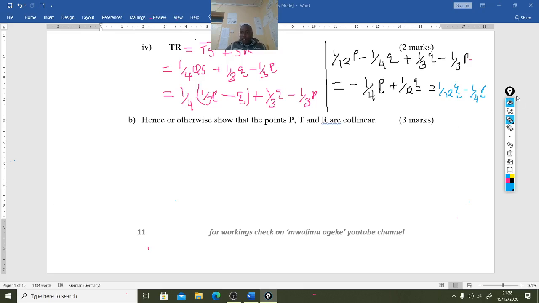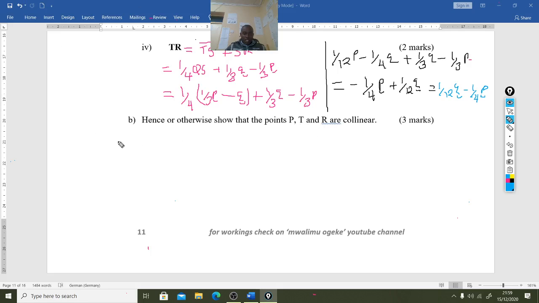Good. Then you are asked that after doing all that, you hence or otherwise show that points P, T, and R are collinear. Remember now we have found PT and TR.